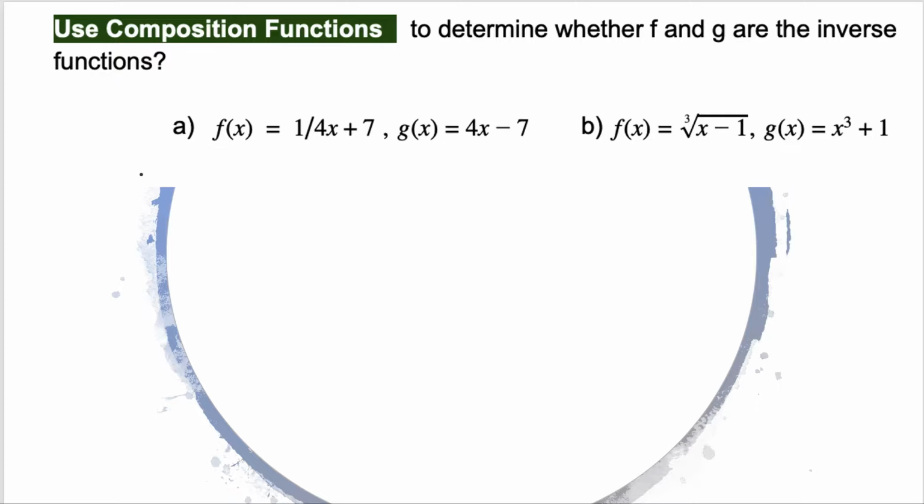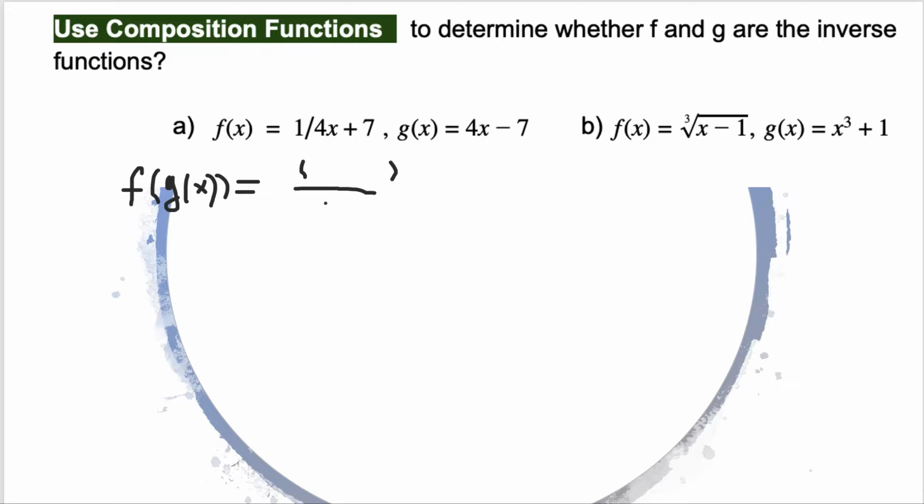To find f of g of x first of all, I'm taking the function f, and instead of x I will leave it open.